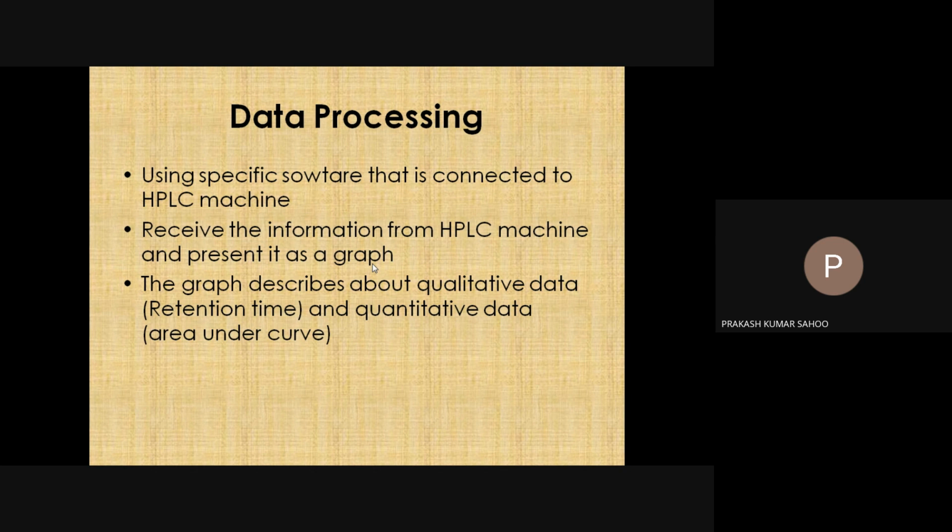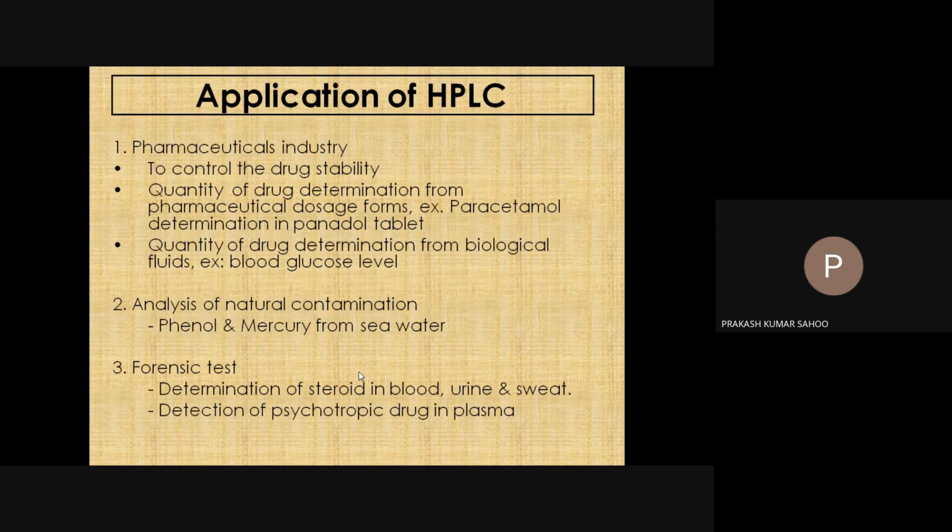Then the graph describes qualitative data, that is retention time, and quantitative data, that is from the area under curve. So retention time and your area under curve can be predicted from the graph or the plot which is given by the recorder.